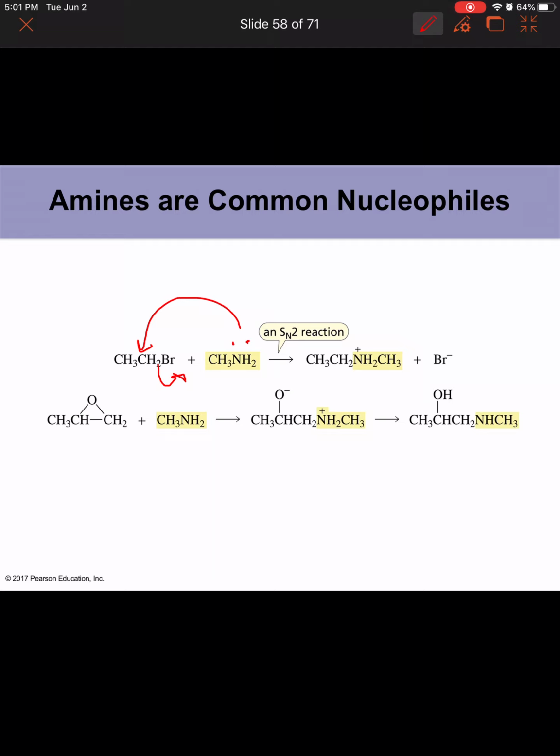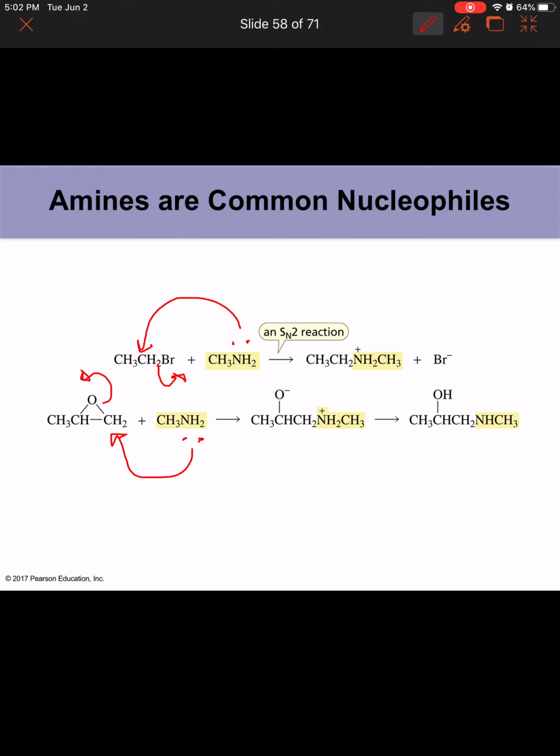Same thing here. If it is an SN2 reaction, the lone pair of the nitrogen goes and attacks the less hindered carbon. The carbon-oxygen bond opens up, and then we can form the methyl derivative of the amine.